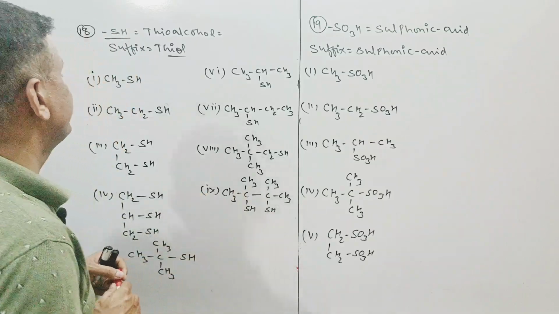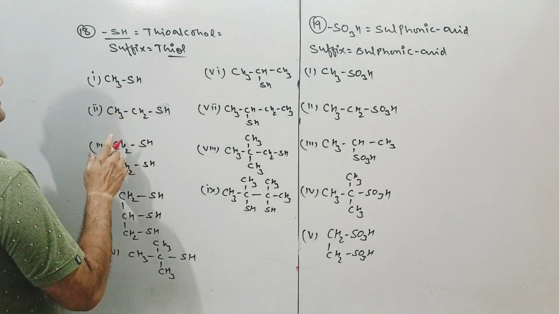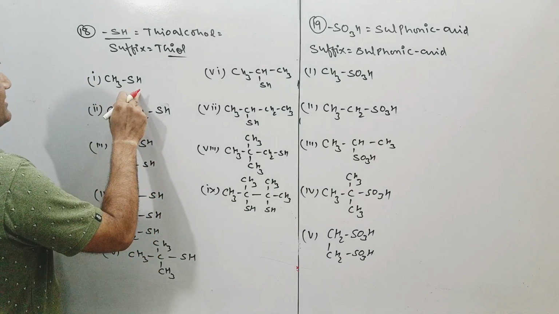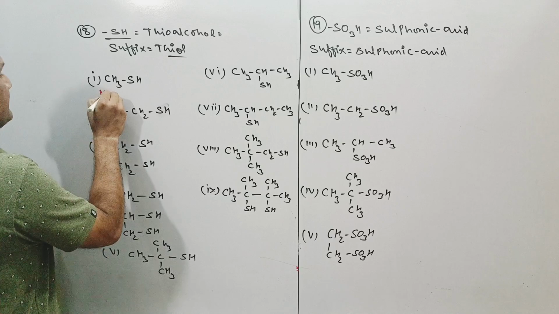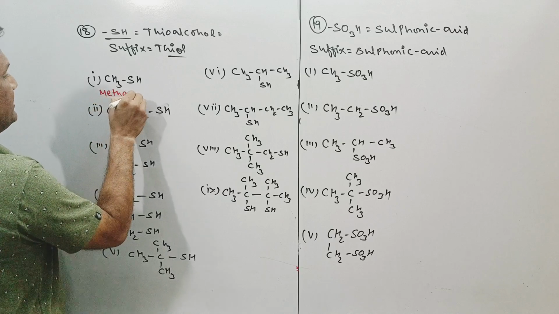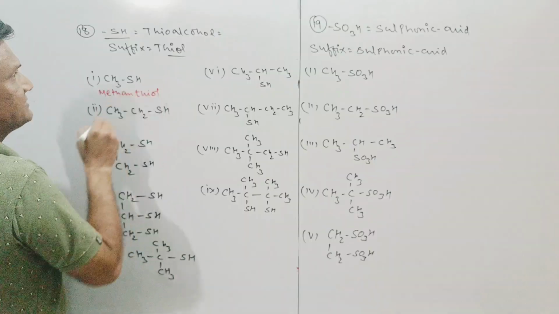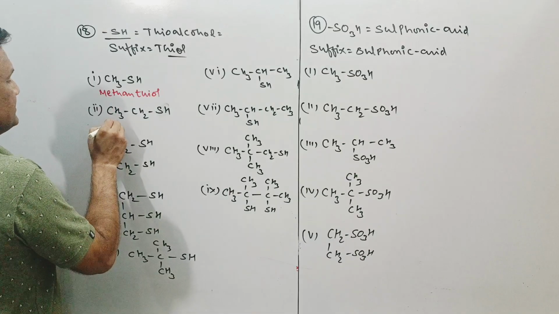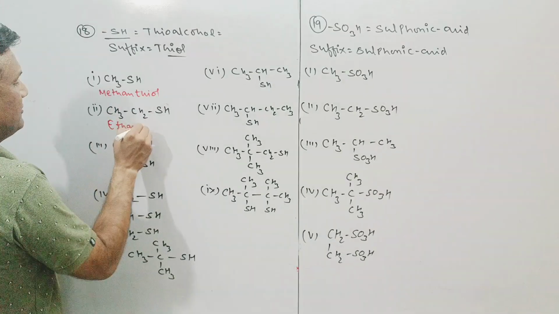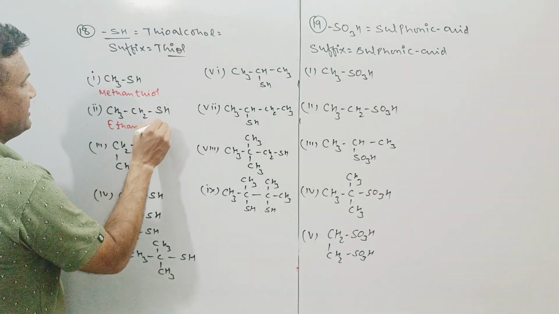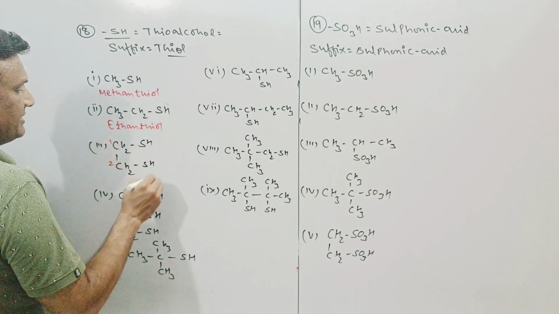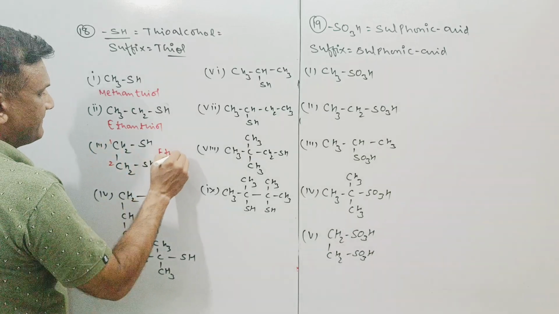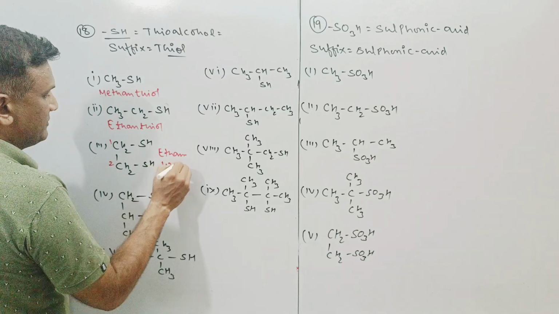If we go with this compound, it has one carbon atom, so it will be meth, single bond an, and thiol is the suffix: methane thiol. This is called ethane thiol. There are two carbon atoms, so it will be ethane 1,2-dithiol.